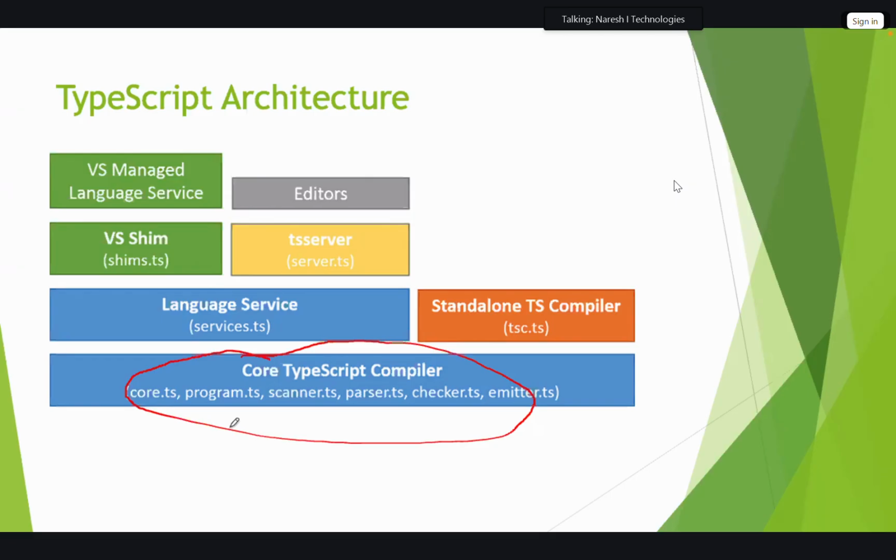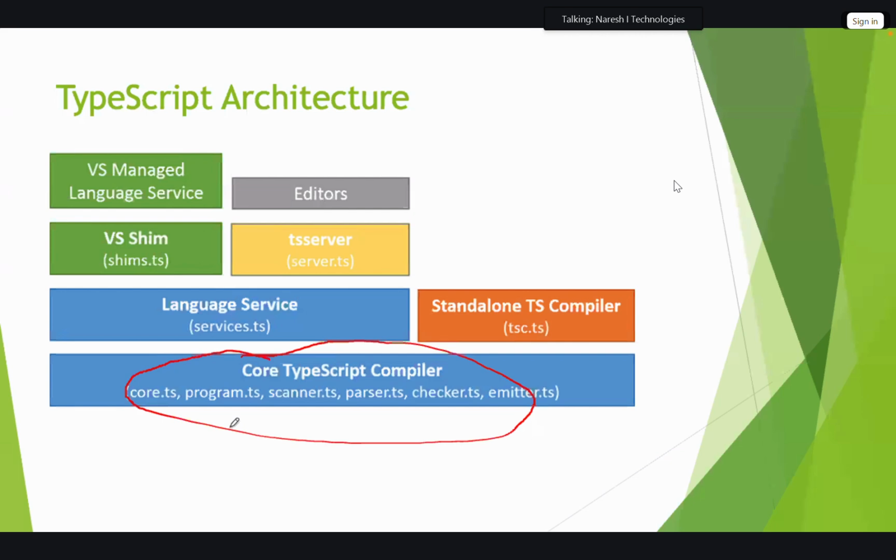What is the job of the core compiler? Verifying the code, compiling the code, verifying the issues and reporting them. If any issue is present, it will not run your program. The compiler will stop.